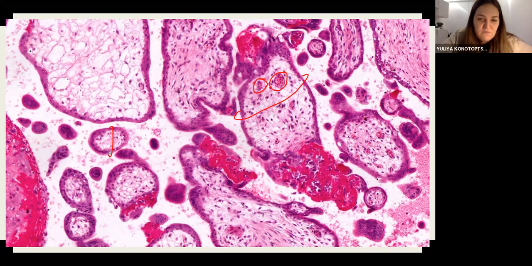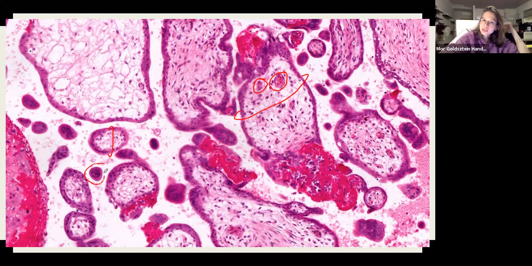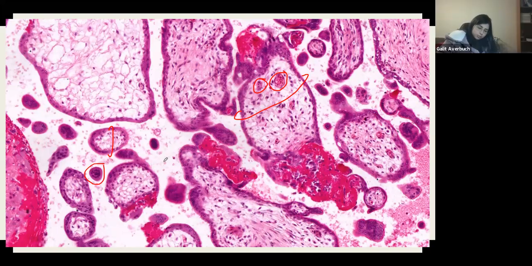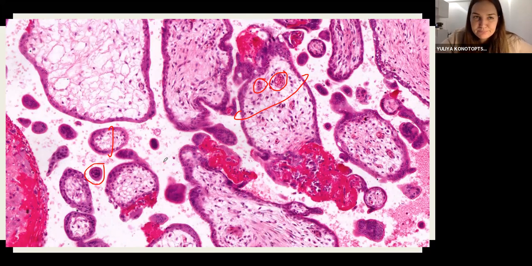Secondary villus. And what about this one? Primary villus. This is still early, guys, so that's why you see all of those things. What about this space? Intervillous space. Who fills up this intervillous space? Maternal blood. Very good.